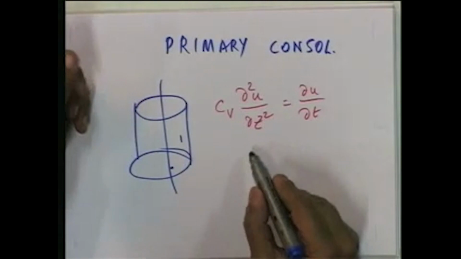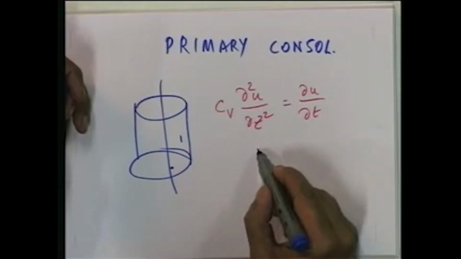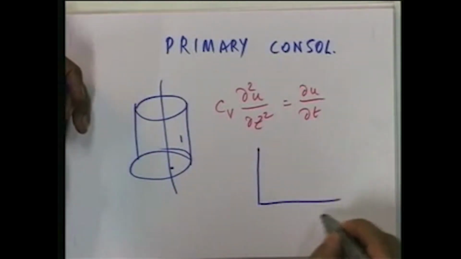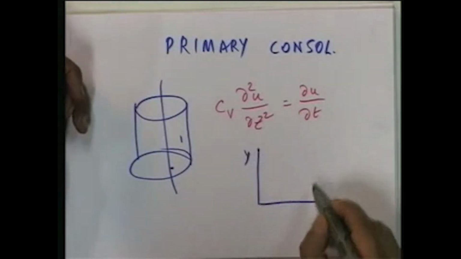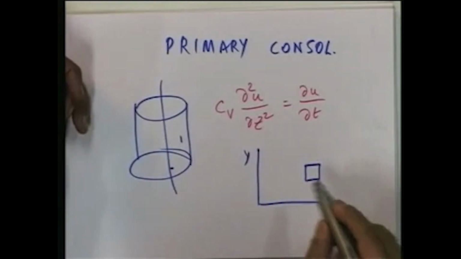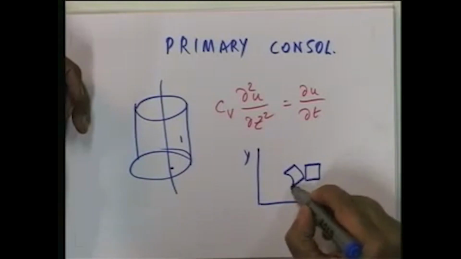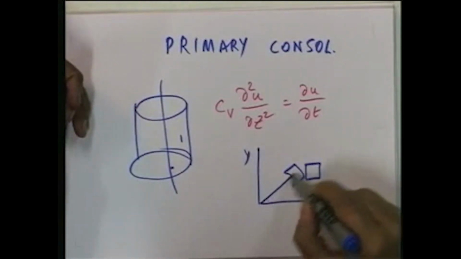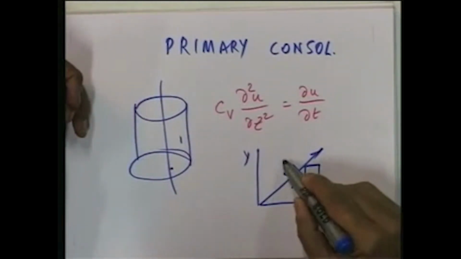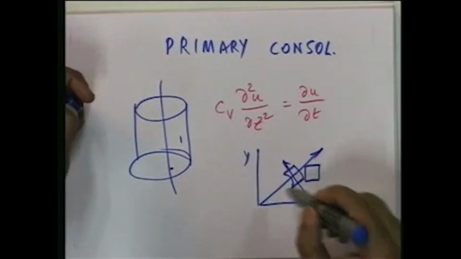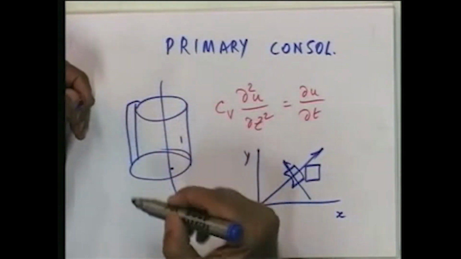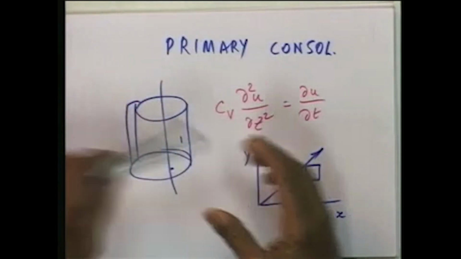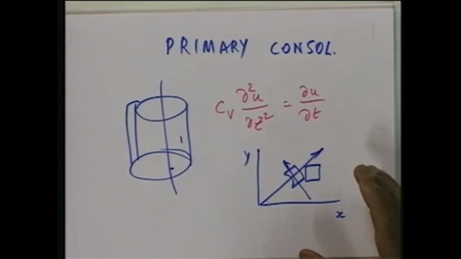Suppose I draw it in real polar terms rather than x, y element. We will be having an element like this, in which there will be flow in this direction and flow in this direction. If I add to this the z dimension, then it becomes a truly 3-dimensional phenomenon.